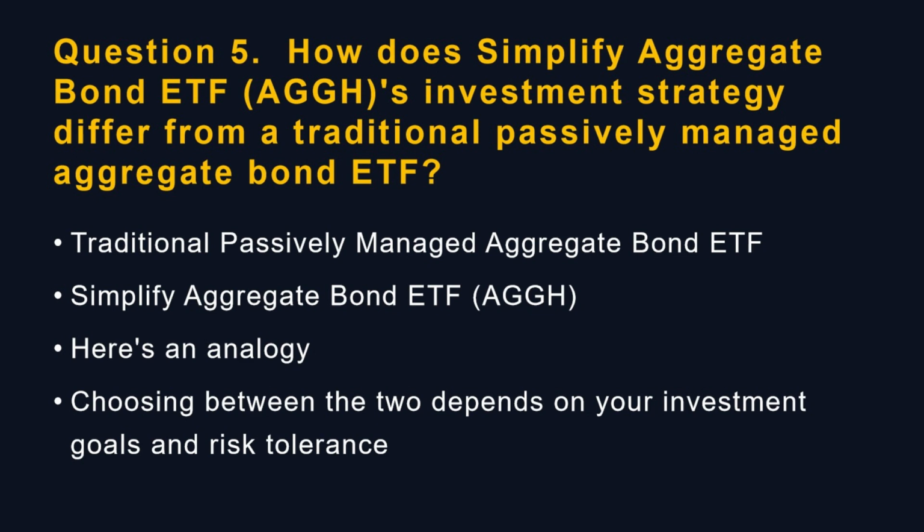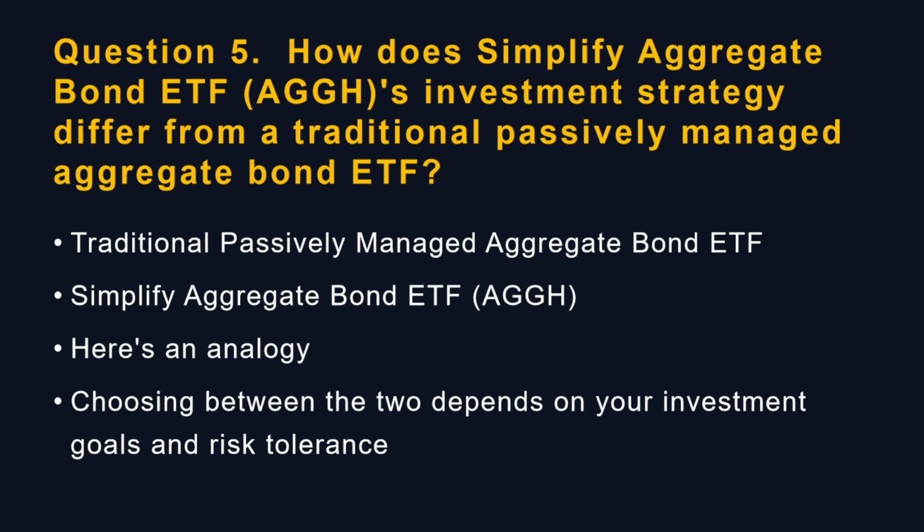Strategy: core bond exposure holds a diversified portfolio of investment-grade bonds, similar to a traditional aggregate bond ETF. Active management: the fund employs various strategies to potentially enhance returns or mitigate risks, beyond simply mirroring an index.